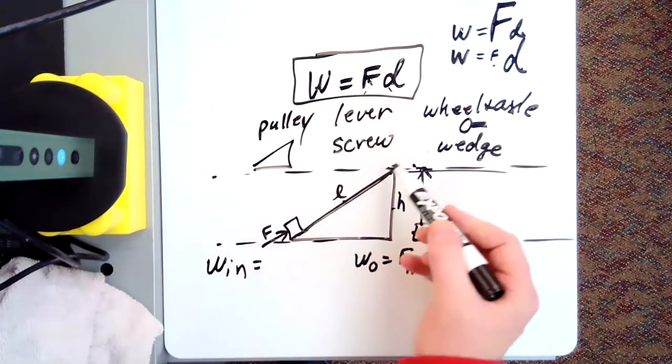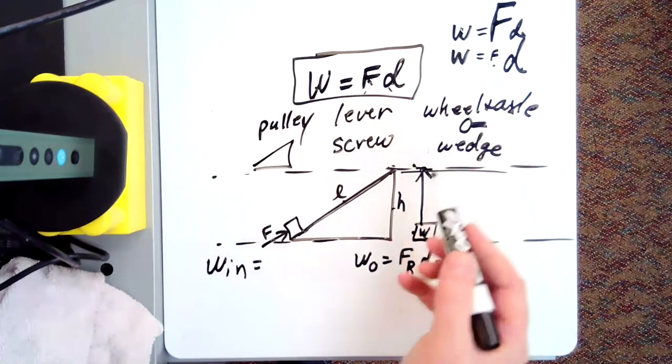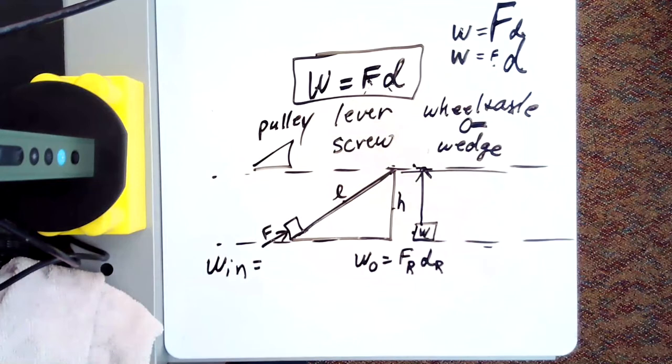Yes, I have to push it a lot farther, okay? Especially if I make this ramp like really, really long. So I probably want to make it really, really long, right? The longer I make that ramp all the way up to wherever I'm trying to get that piano, the less force it's going to take. Does that make sense? Make it longer and longer and longer, and it's going to be less and less force you'd have to use to push it up, okay?